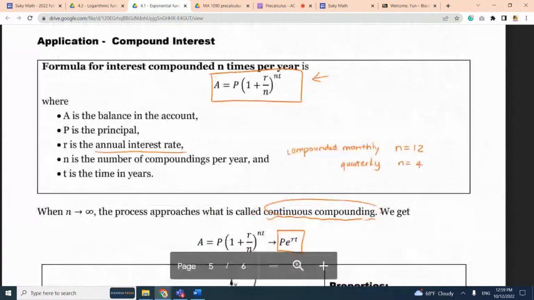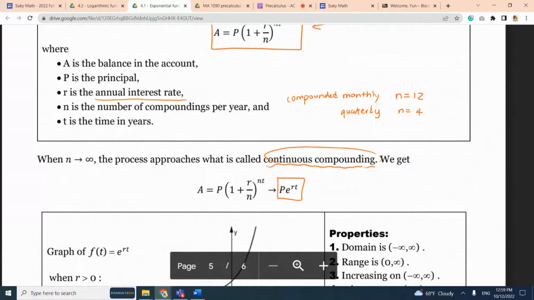And then now this guy, we write this as P times 1 plus R over N. Here, this NT, we divide it by R and multiply by R. Is that okay, everybody?